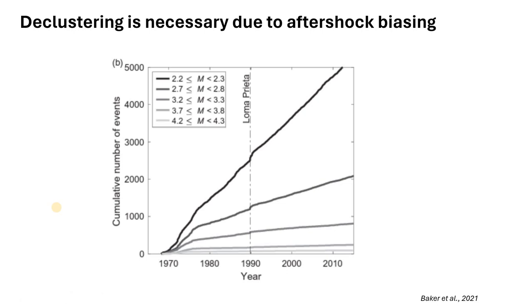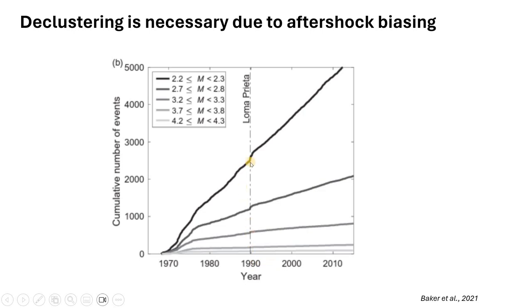So declustering is necessary because on locked fault systems, what tends to happen is we build up strain, then we have one big event, followed by many, many aftershocks. And you can see that here. This is cumulative earthquakes in the Bay Area. And in 1989, we had the Loma Prieta earthquake.